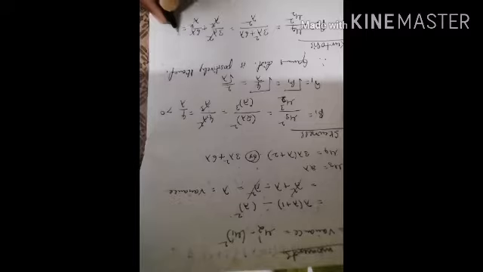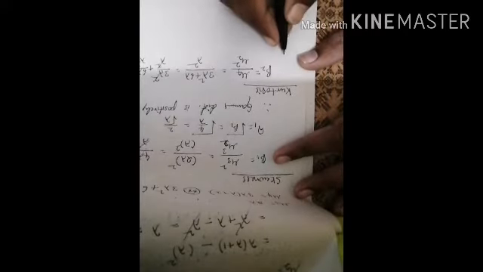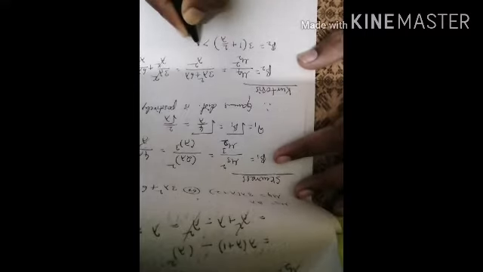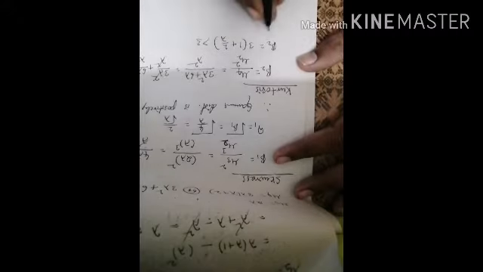So here the remaining is 3 plus 6 by lambda. So when you take out common, you will get 3 into 1 plus 2 by lambda, which is greater than 3 only, right? So which is greater than 3.